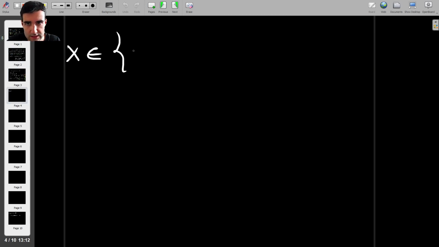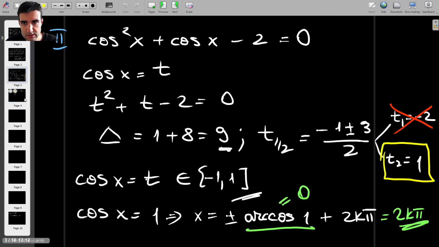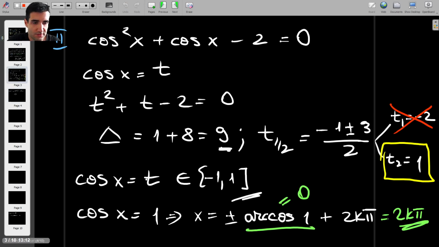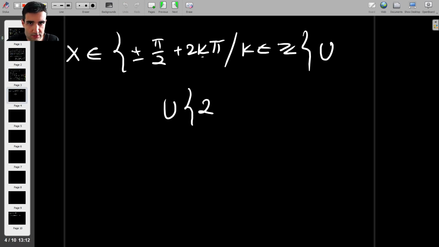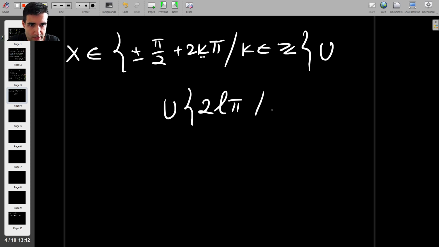The first one is plus or minus pi over 2 plus 2k pi, where k is an integer, and then we have a union with another set which is 2. Now this is still k, but it can be a different integer compared to this one, so let's write it as L. So 2L times pi, where L is an integer.